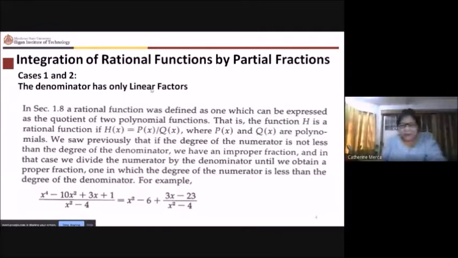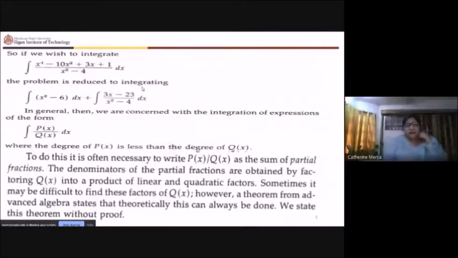And so if you wish to integrate x to the 4th minus 10x squared plus 3x plus 1 over x squared minus 4, we were able to reduce it to integrating this x squared minus 6 dx. Because when you divide this by x squared minus 4, you come up with x squared minus 6 dx plus 3x minus 23 over x squared minus 4.